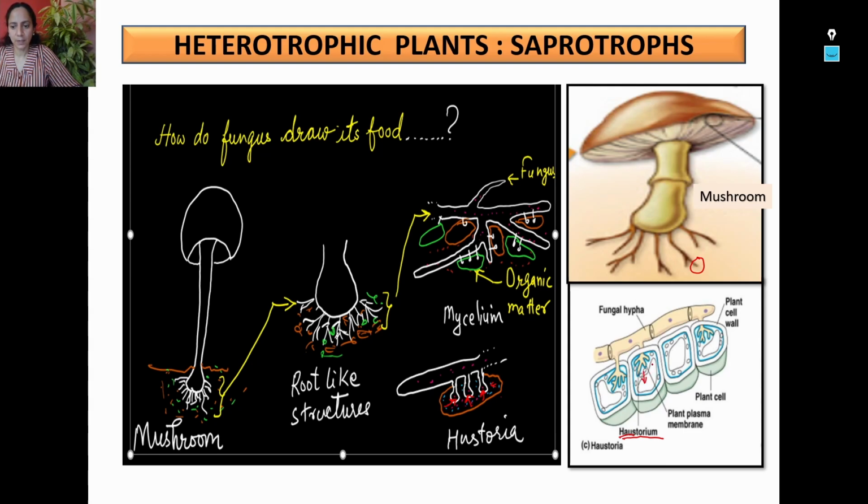First dissolving and then absorbing and utilizing. So this is how saprotrophs draw their nutrition from dead decaying organic matter.